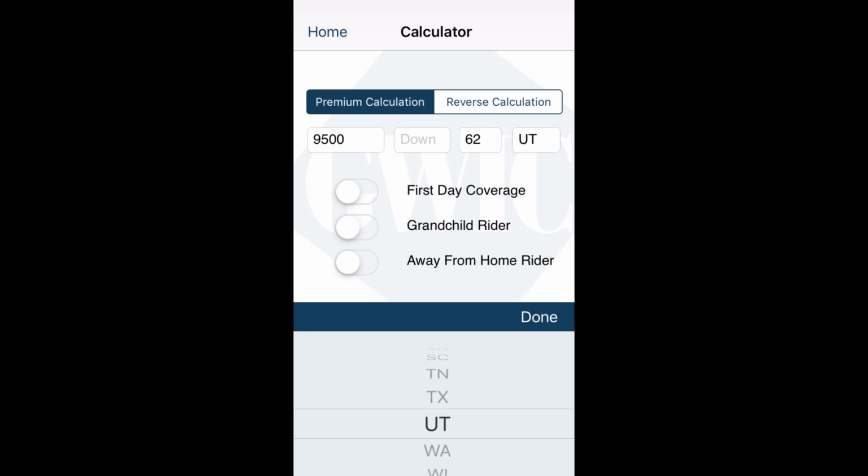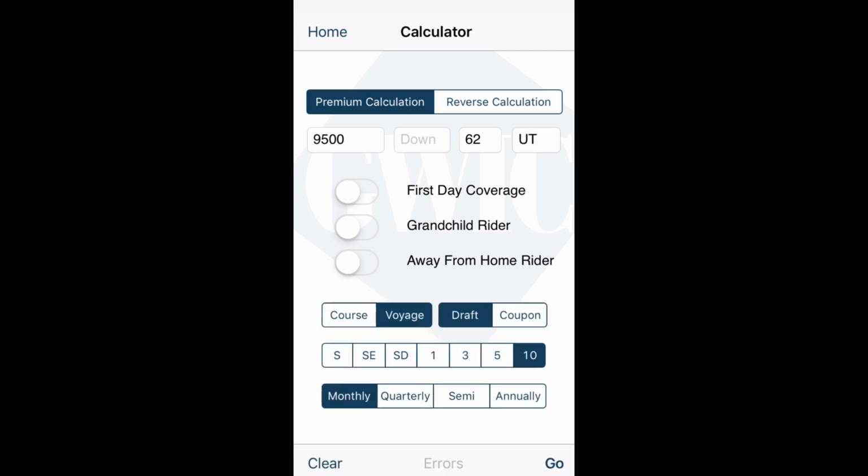Okay. This is going to give me options now. If I check first day coverage, if I want to add a grandchild rider or an away from home rider, that will all factor into the price here. Right now, we're going to just put in the away from home rider. That gives somebody an extra $500 as long as they have a plan that's $2,000 or more.